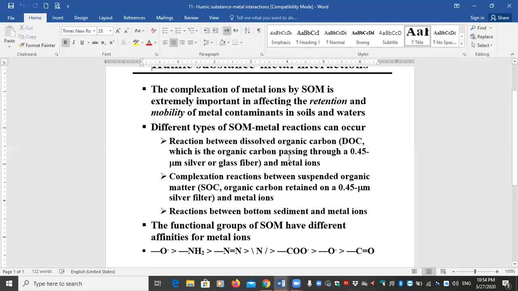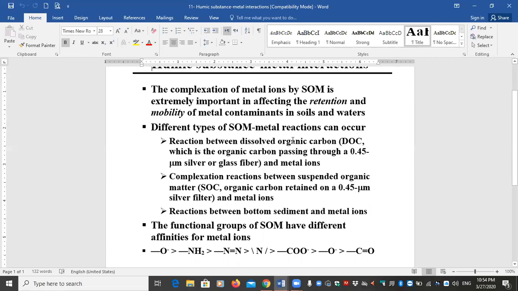It's that organic carbon that passes through 0.45 micrometer silver or glass fiber. So if they go through this 0.45, that means it's the dissolved organic carbon, dissolved.